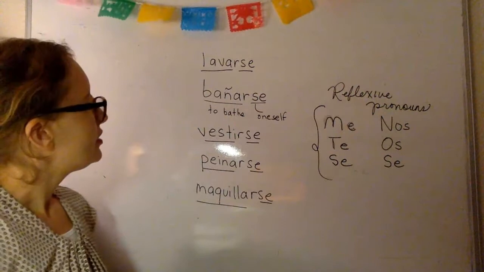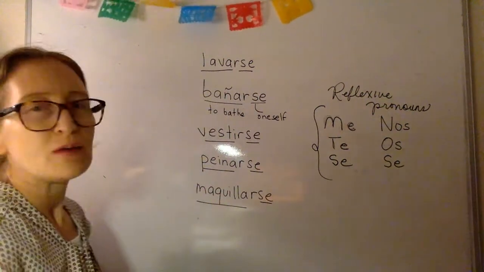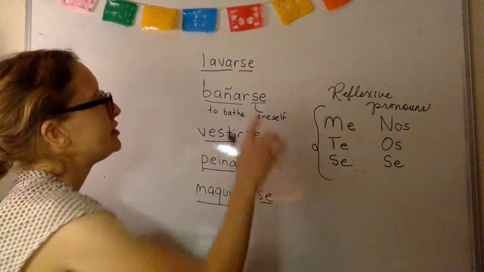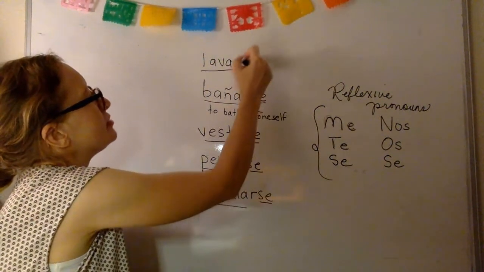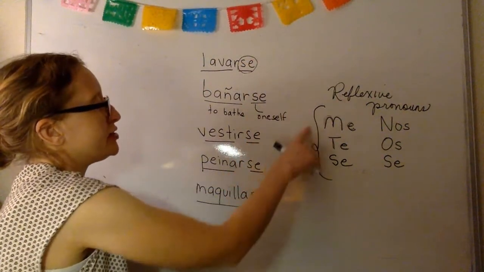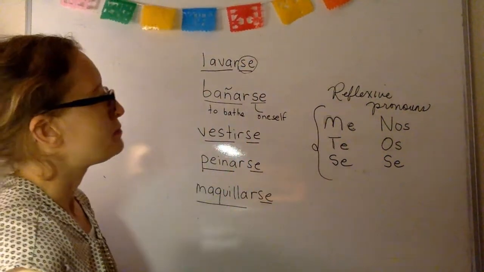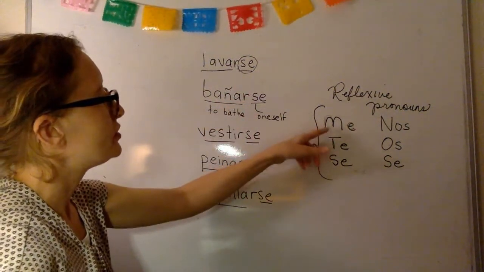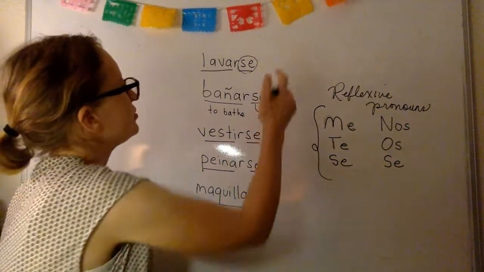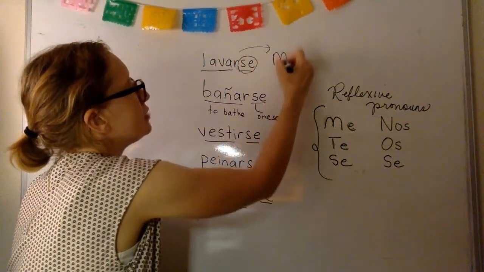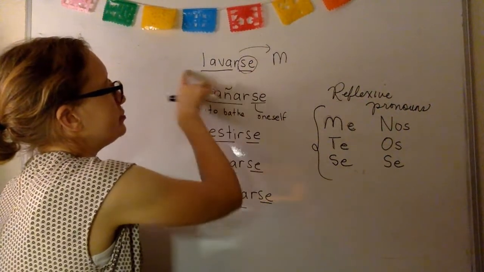So, if you want to say, I wash my hands, I wash myself, what you do is you take the se off the end of the verb, and you're going to conjugate it to fit the subject. I wash myself. This is your pronoun, we're going to put it at the beginning.